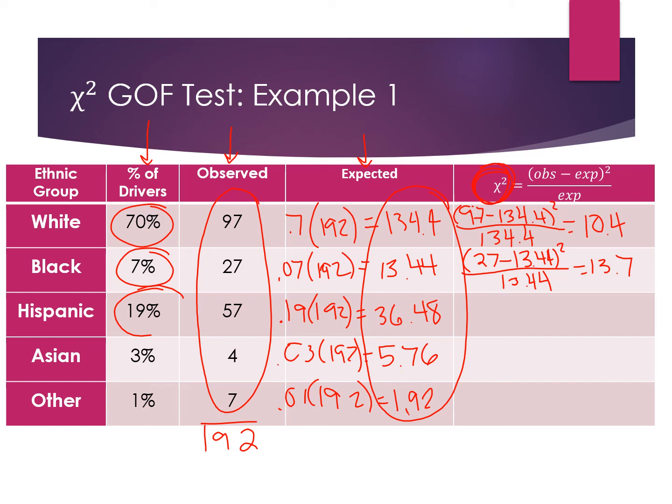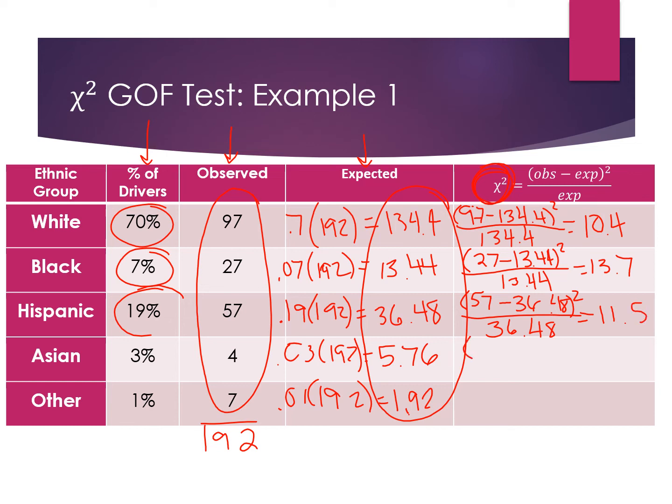All right, moving right along. For the Hispanic group, we've got observed 57 minus expected 36.48 squared over 36.48. That's 11.5.